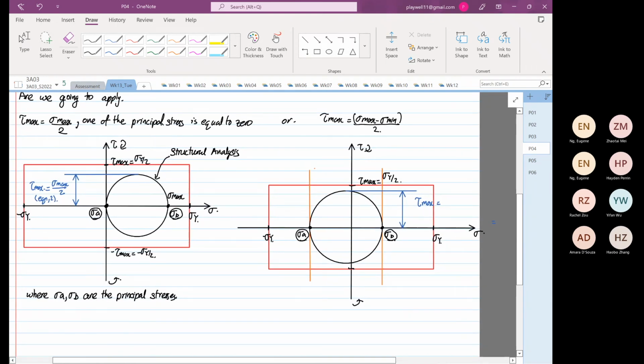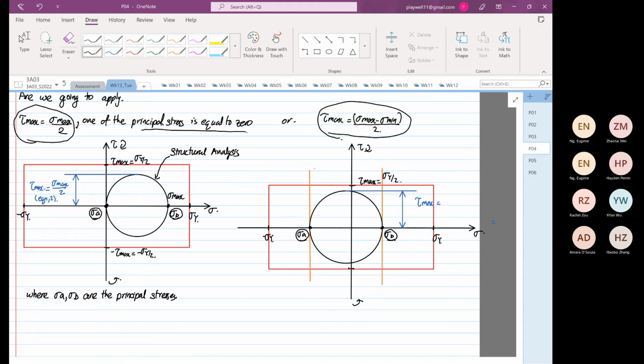Is our stress state where one of the principal stresses is equal to 0, or is it when none of the principal stresses are equal to 0? Either this formula or this formula, it depends on whether one of the principal stresses is equal to 0. For now, we don't know yet.